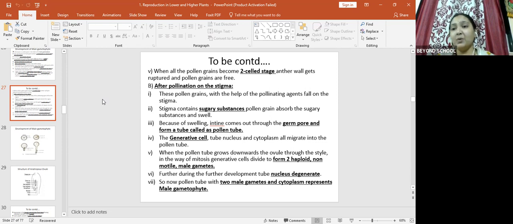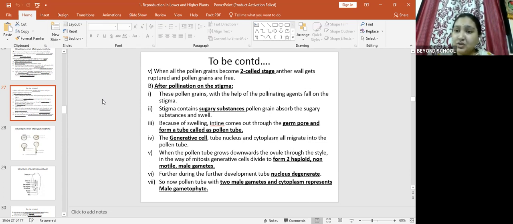And these two haploid cells are nothing but our two male gametes. Okay. And these two male gametes are in a non-motile condition. They don't have any kind of movement. जैसे जैसे pollen tube बढ़ेगा वैसे वैसे ये male gametes उसके साथ travel करते जाएंगे. Okay.